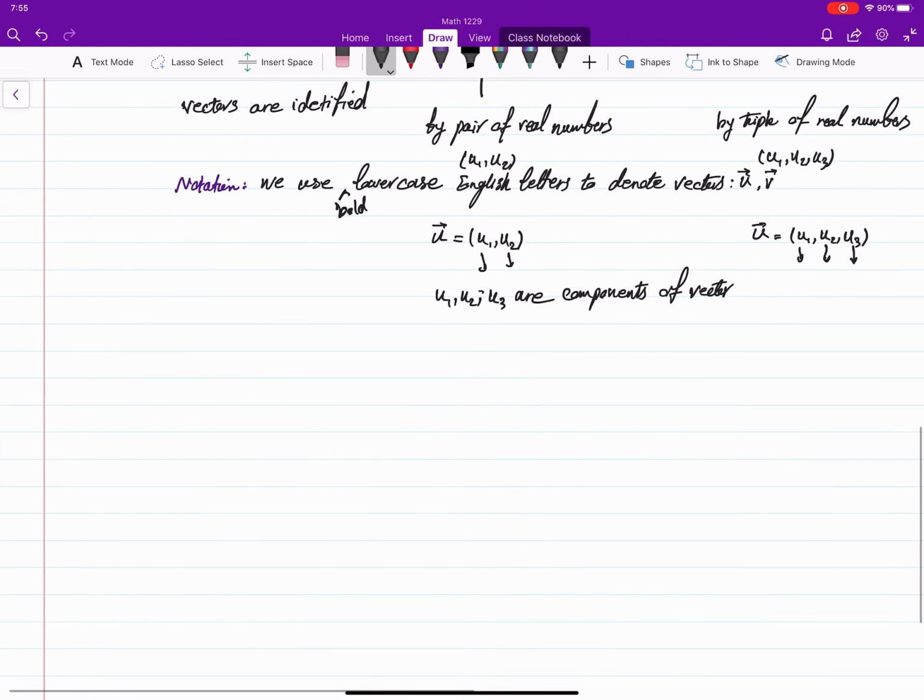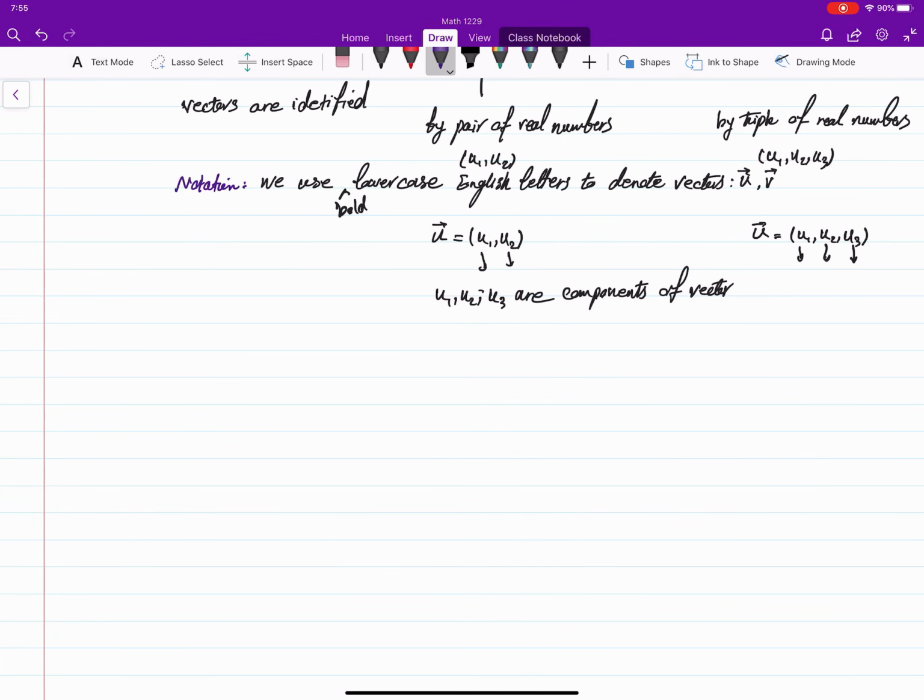For example, U can be, say, 1, 2, 1, or V can be negative 1, 1, and U here can be 1, 0, 1, and so on. There is one important vector, the zero vector, that we denote by 0 vector, and it has all the components zeros.